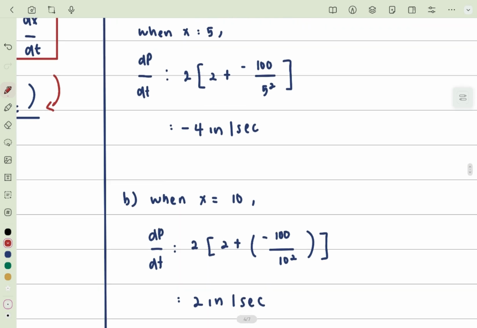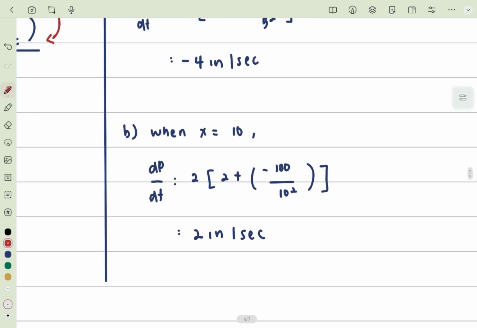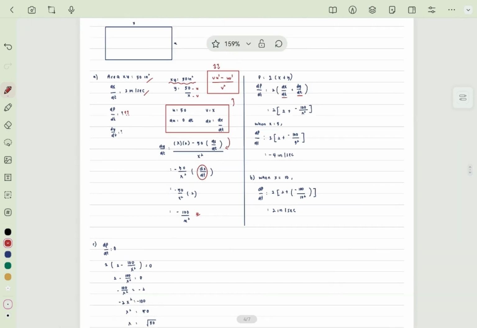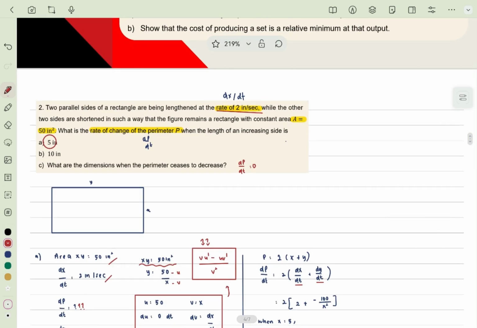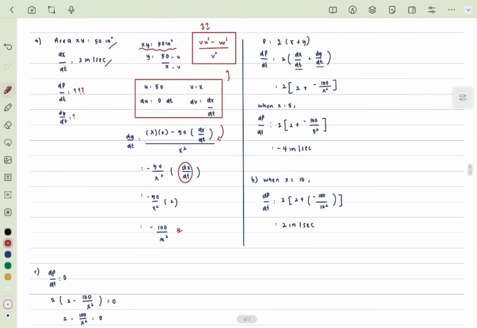And for question B, x is equal to 10. So we substitute 10 in our x and we will get 2 inches per second. So for the last question, what are the dimensions when the perimeter ceases to decrease? That means our dP over dt is equal to 0.